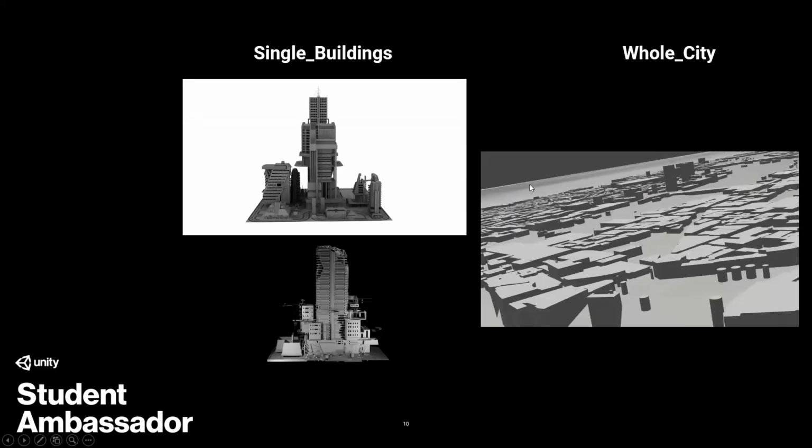Other than that, we also use our own buildings and our own cities. We created them in Maya and 3ds Max and used Unity Live Link to import them into Unity's editor. That makes it really easy to implement this FBX.